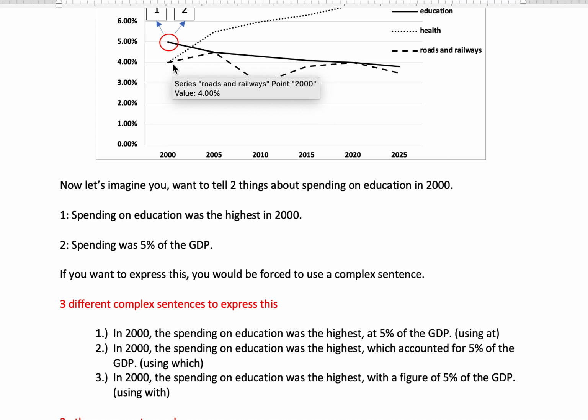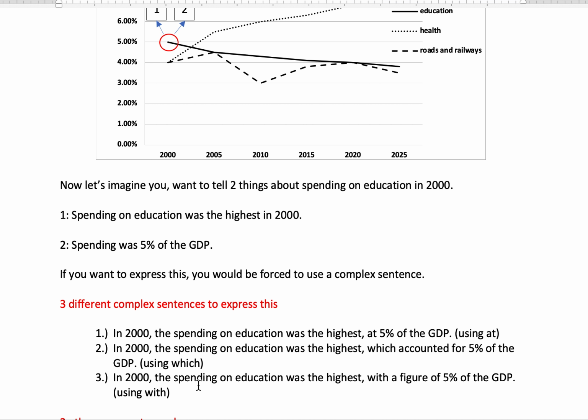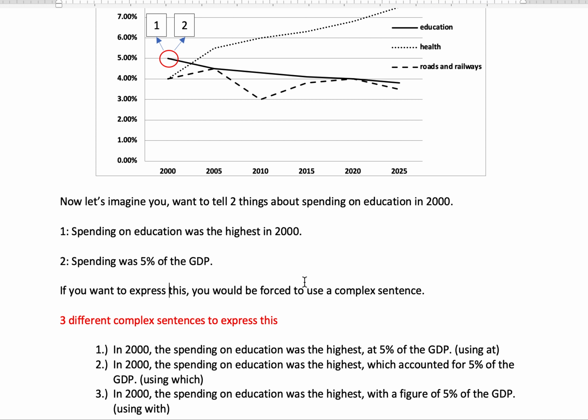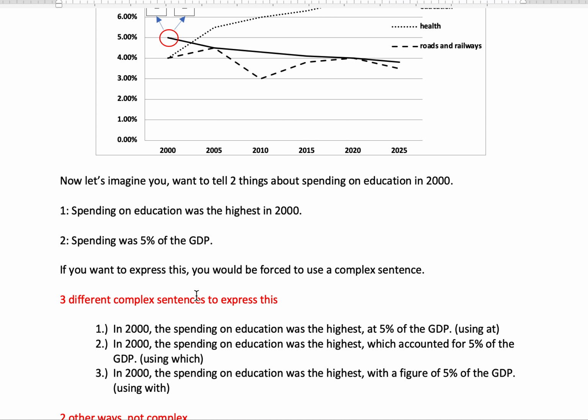So this is another sentence in which I have mentioned these 2 things. Another way is in 2000, the spending on education was the highest with a figure of 5% of the GDP. So this is 3 ways to tell the same 2 things for one single point, one single year.